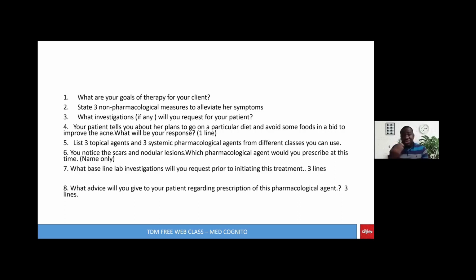In fact, you start with topical first and even non-pharmacological before you even move on to something like isotretinoin. That is just to give you an idea. You need to follow the vignettes in terms of the sequence in which the vignette is progressing, and pay attention to cues that the question is giving you, okay?